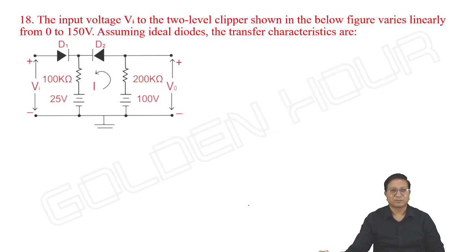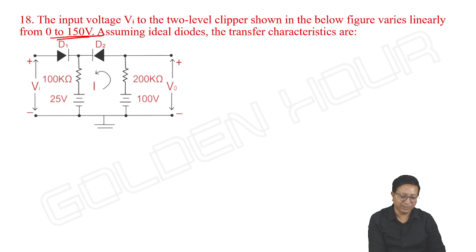Look at this problem. The input voltage Vi to the two-level clipper shown in the figure varies linearly from 0 to 150 volts. Assuming ideal diodes, the transfer characteristics are, they are asking to draw the transfer characteristics. If you observe this, initially 0 to 150, let us start our input with 0 volts.